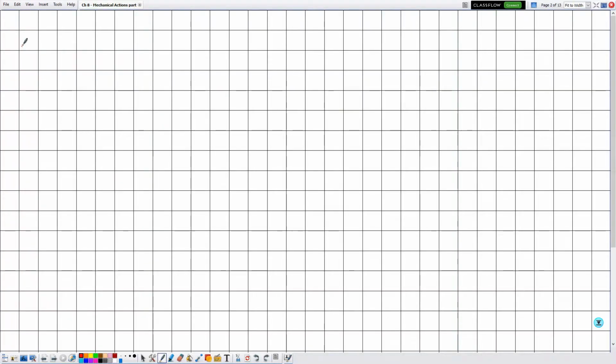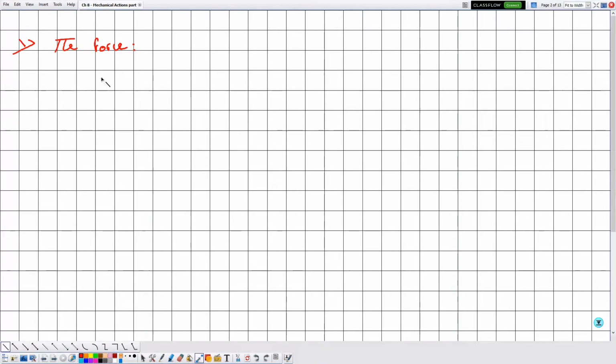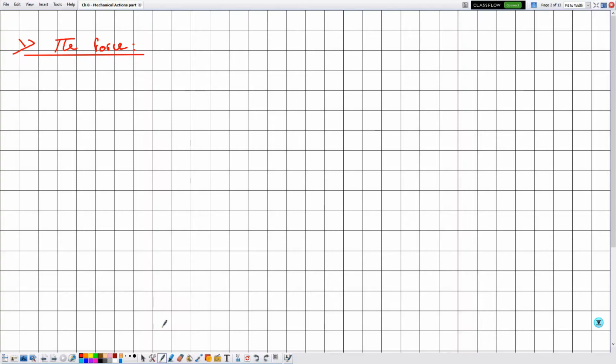which is section number 1, the force. And let me start by the direct definition.